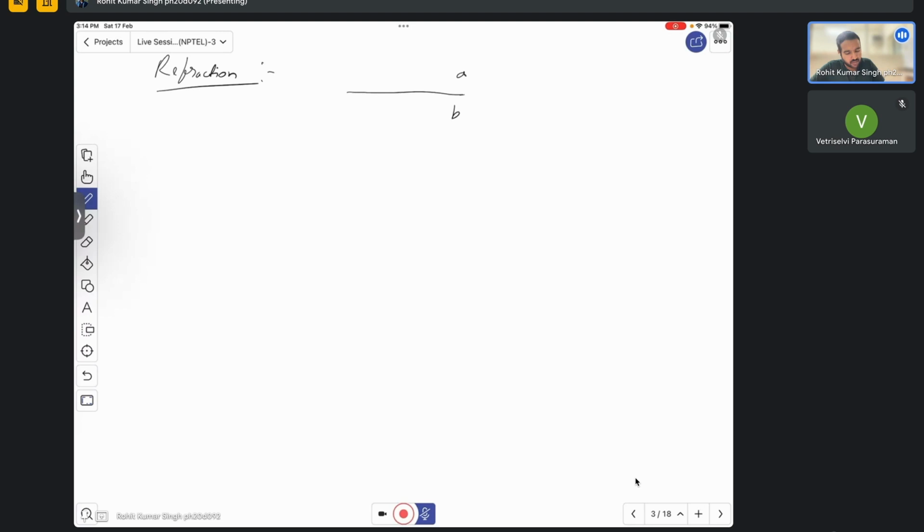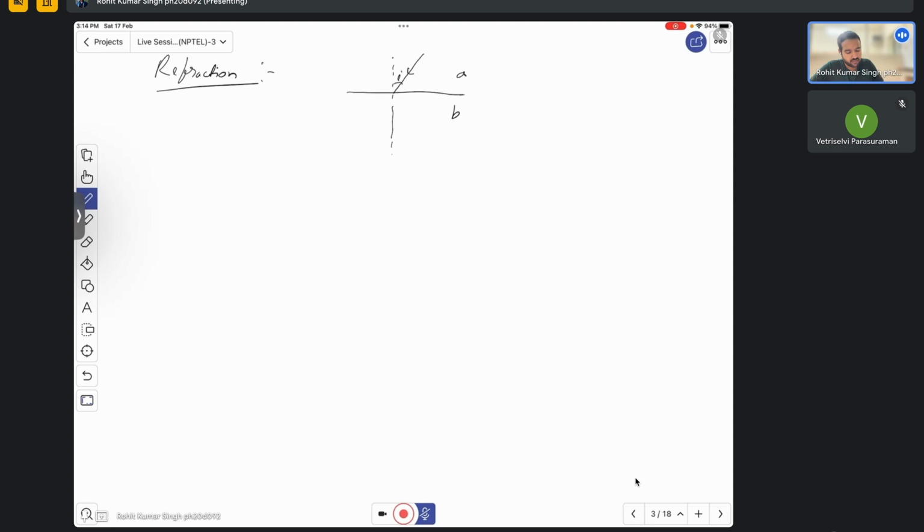Suppose this is medium A, and medium B is below. This is the normal on the interface, and suppose the light ray is coming like this. This is the angle of incidence.